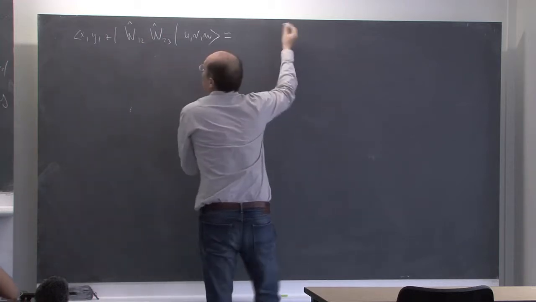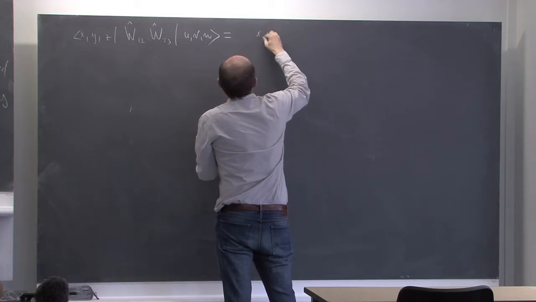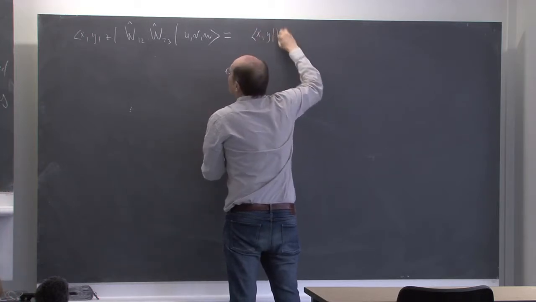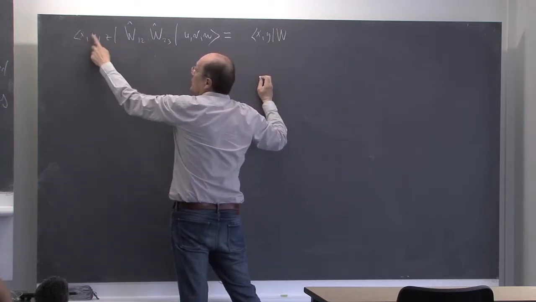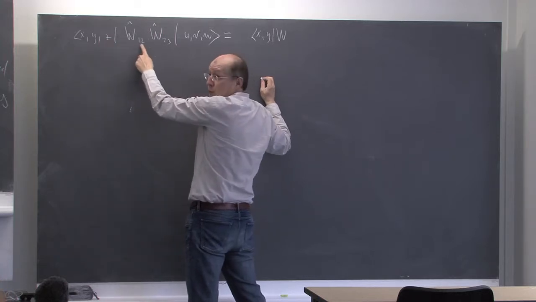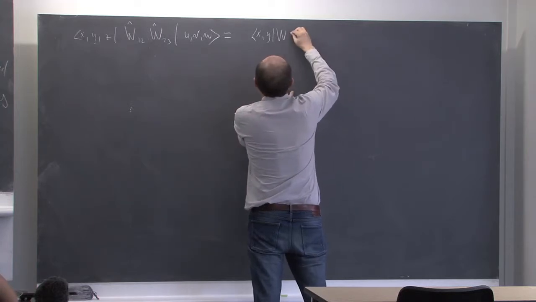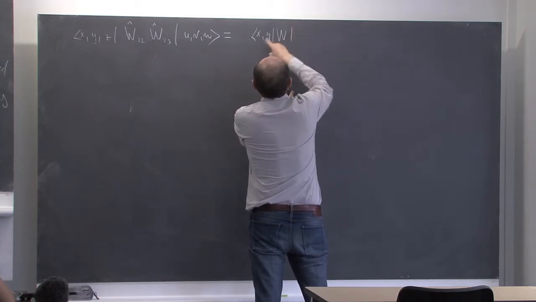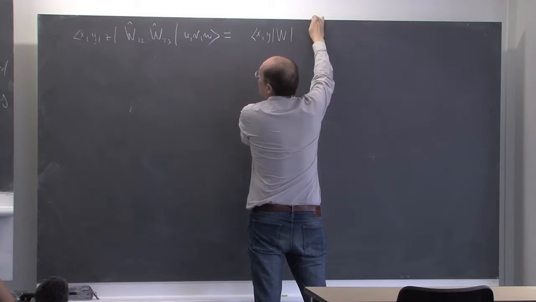Okay, let me try to do it a little bit differently. So x, y, w. So w12 acts on x and y, but does not touch z, right? Because 1, 2 acts only on the first two components. So I put here x, y, x, y. Do we have more letters?